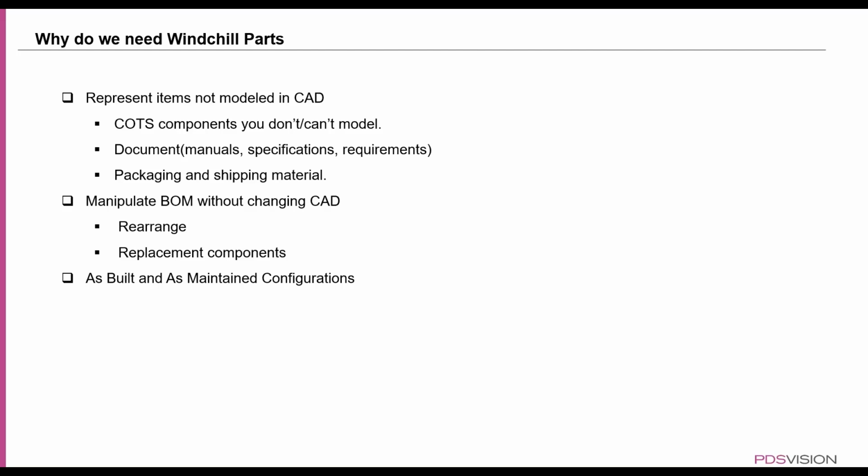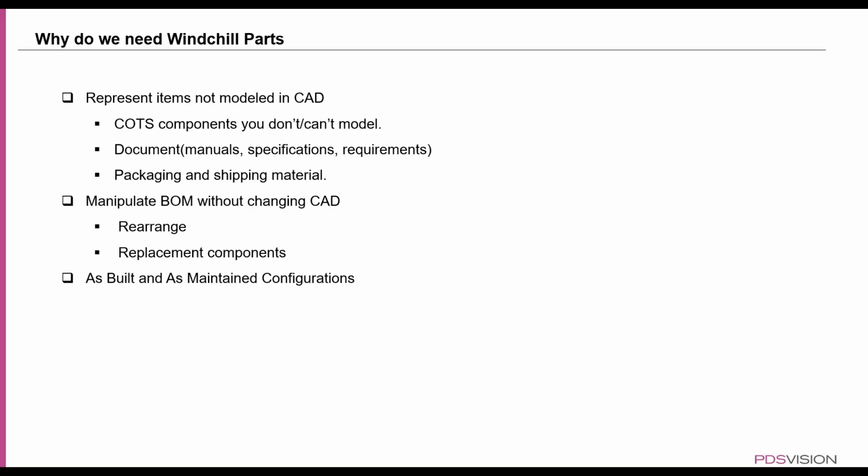The third important bit is the replacement components. Being able to capture a replacement component on the structure, and easily allow someone to replace it at the time they need to use it. You can say, okay, we don't have this particular component in stock, but we have its replacement component.